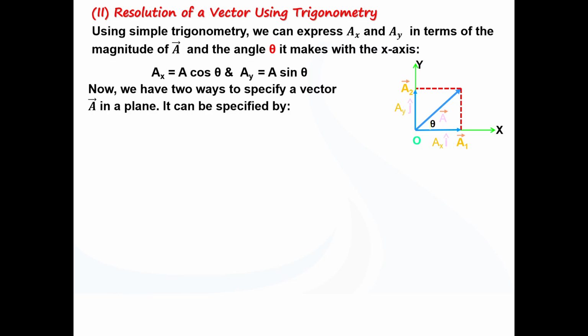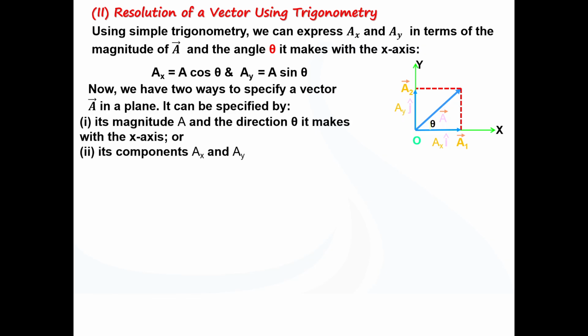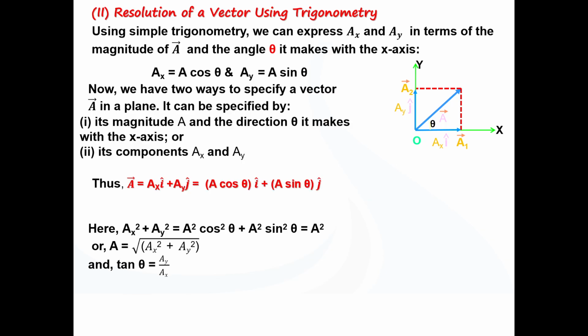Now, we have two ways to specify a vector in a plane. It can be specified by its magnitude and direction with x-axis, or by its components Ax and Ay. Thus, vector A equals Ax i cap plus Ay j cap, or this is equal to A cos theta i cap plus A sin theta j cap.